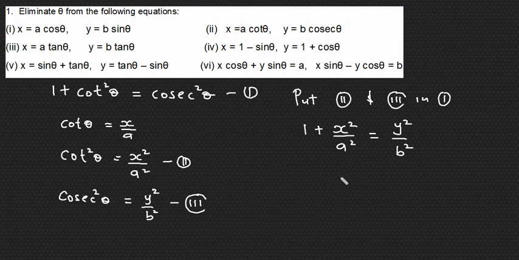Let us correct the algebra and put them on one side. So this can be y squared over b squared minus x squared over a squared equal to 1.